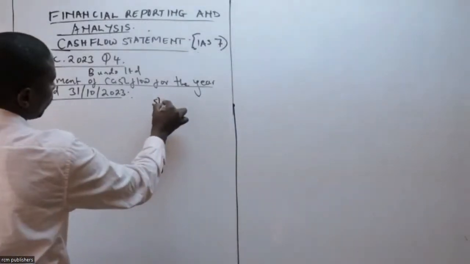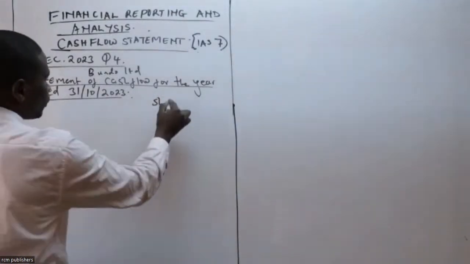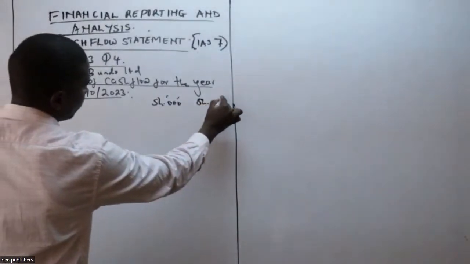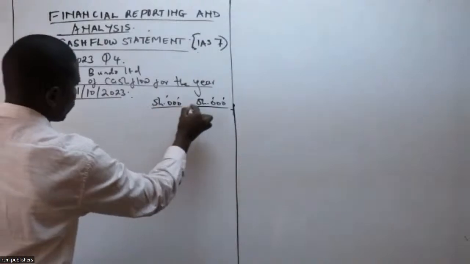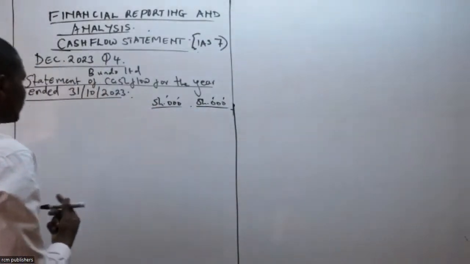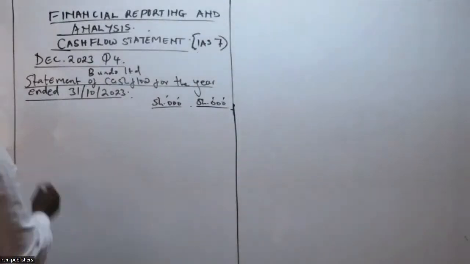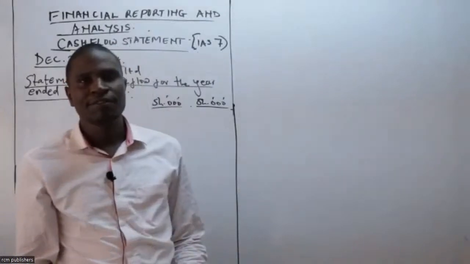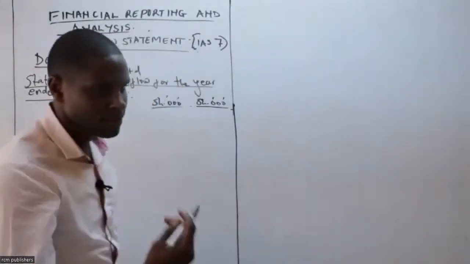Therefore, we have 2 columns, and in our figures, we have to eliminate 3 zeros. So I want you to contribute very fast in giving the results. The first thing, when you are using the indirect method, we start with the first activity, which is operating activity.